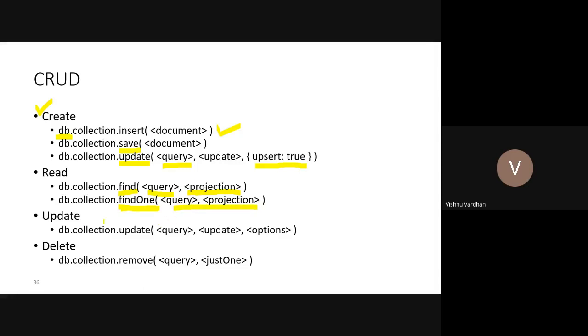Then update has the update method, with the same options: query, update, and some optional parameters that you want to pass. Then for delete, the remove method is called, with a query, and it can delete only a single document.